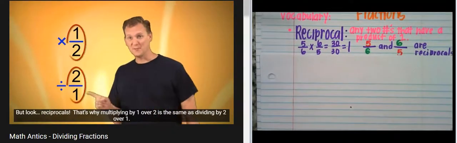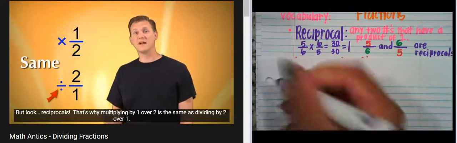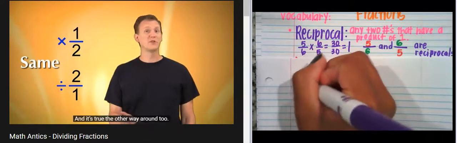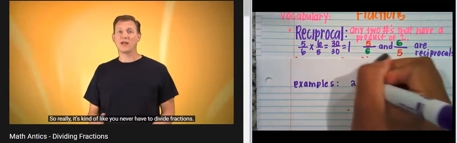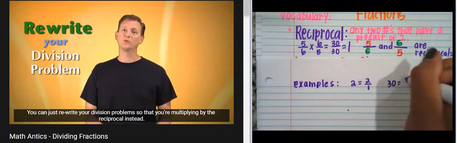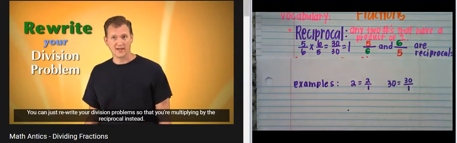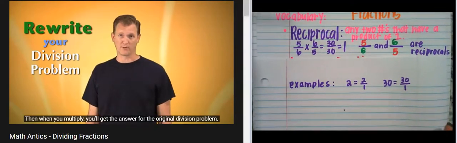But look, reciprocals. That's why multiplying by 1 over 2 is the same as dividing by 2 over 1. And it's true the other way around too. So really, it's kind of like you never have to divide fractions. You can just rewrite your division problems so that you're multiplying by the reciprocal instead. Then when you multiply, you'll get the answer for the original division problem.